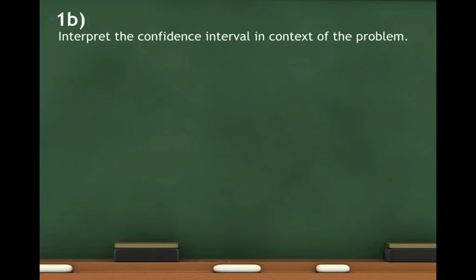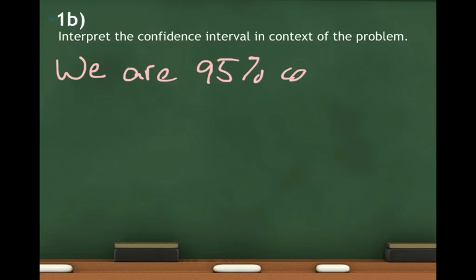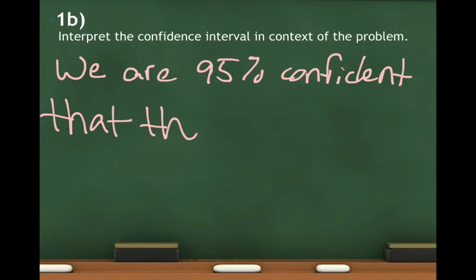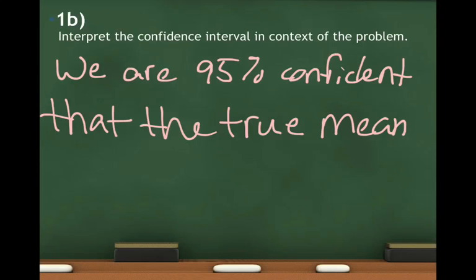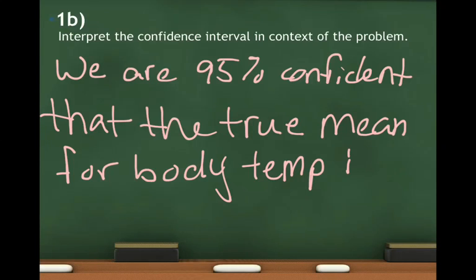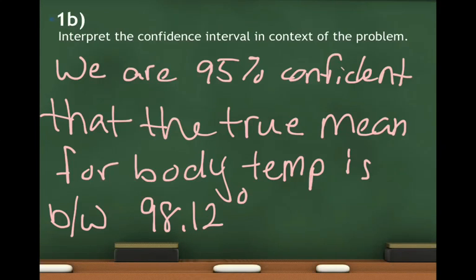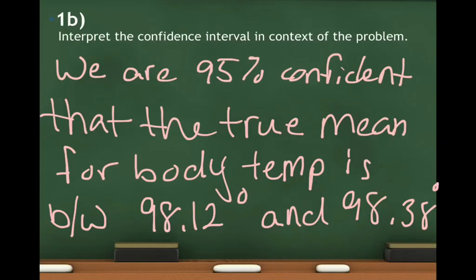Well, in context of the problem, what we can say is that we are 95% confident that the true mean for body temperature is somewhere between 98.12 degrees Fahrenheit and 98.38 degrees Fahrenheit. That's what this confidence interval is saying.